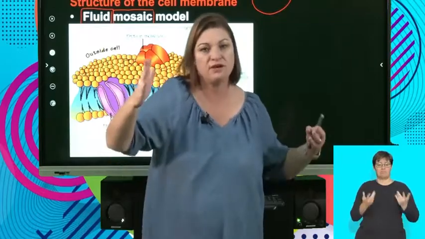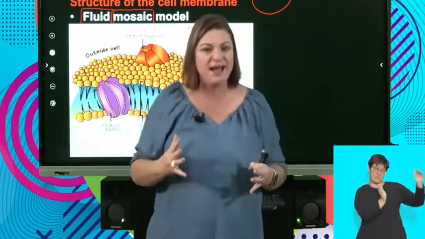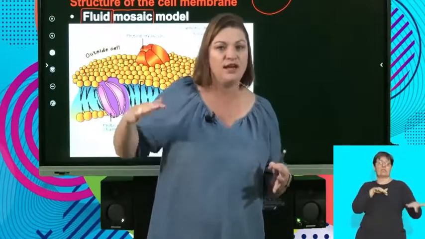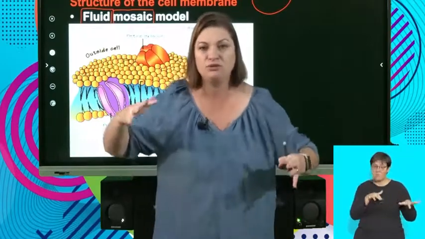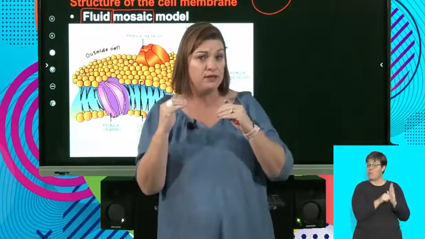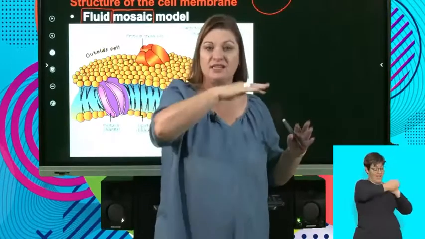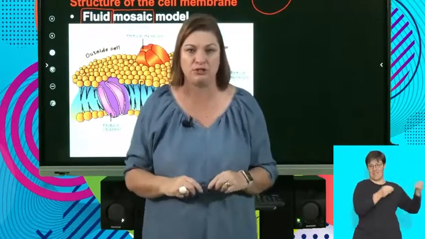So I've got the outside that can move, and what is my inside? It's jelly. What can jelly also do? It can move with me. So first of all, most important, fluid is an outer covering that is flexible, if I were to use that word.